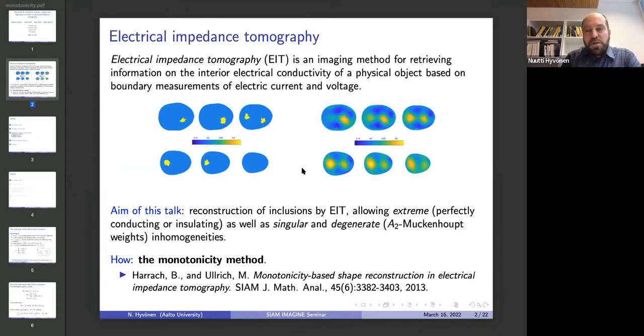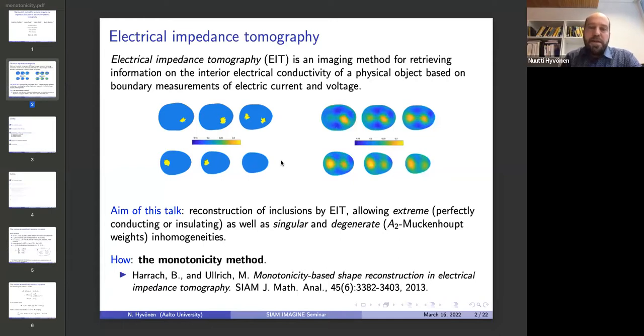And typically when you see reconstructions by EIT, these are probably a little bit worse than the typical reconstructions, but you can see some hotspots at the locations where the inclusions are on the left-hand side. So this is actually sort of an example that I will consider today.